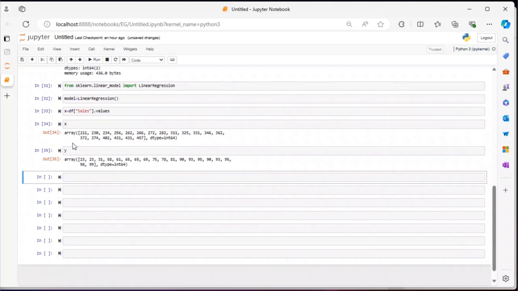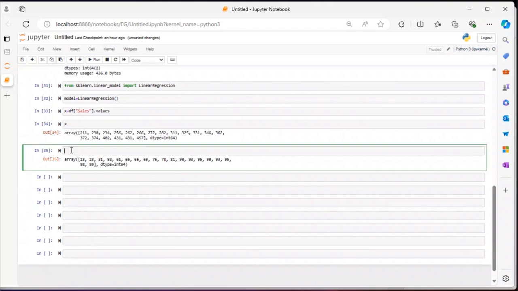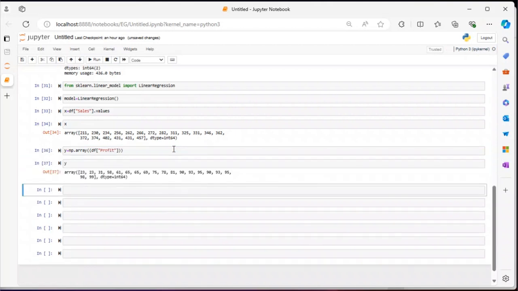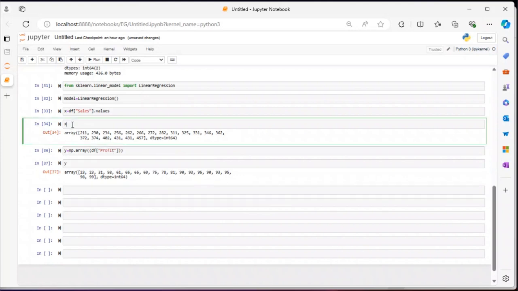So x dot values that we have, and y should come in. Let us take x is that one, right? And y equal to np.array of df of profit, right? And x should be reshaped.